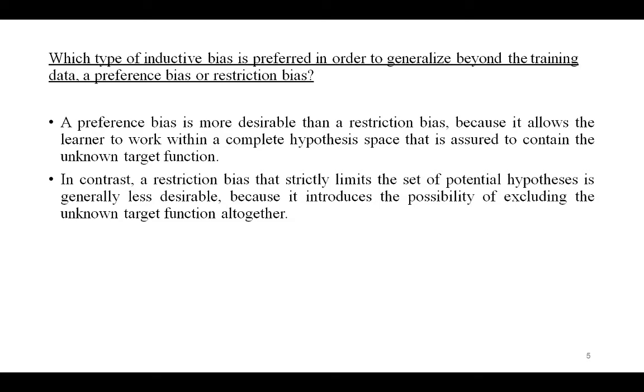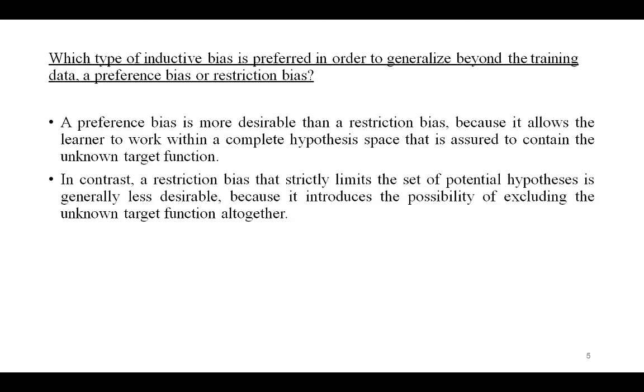At the same time, the choice of a particular parameter tuning method, that is the LMS algorithm we have studied, introduces a preference bias stemming from the ordering of the search through the space of all possible parameter values. So these are some of the justifications for our question.